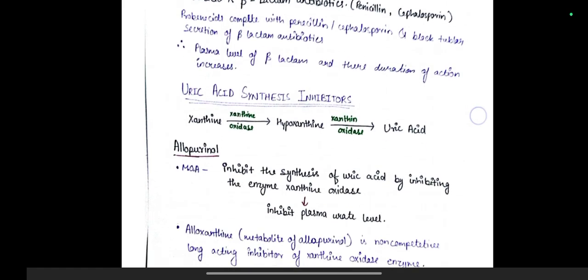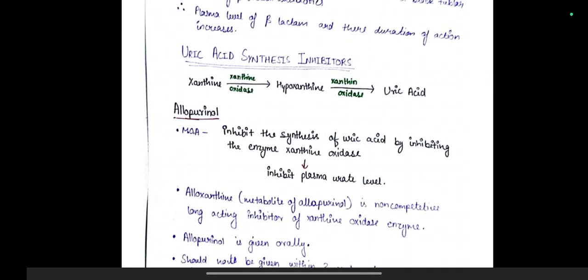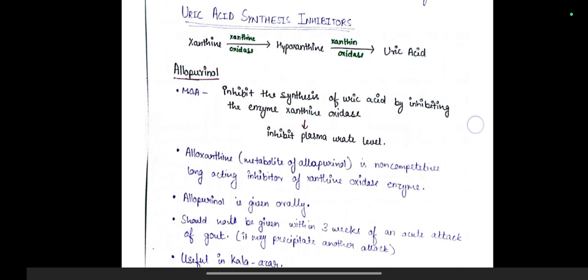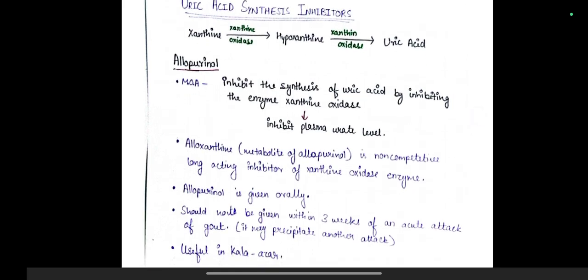Now let's talk about uric acid synthesis inhibitors. How is uric acid formed? Hypoxanthine is converted into xanthine by xanthine oxidase, which on reacting with xanthine oxidase again forms uric acid. Allopurinol is a uric acid synthesis inhibitor. Its mechanism of action is that it inhibits synthesis of uric acid by inhibiting the enzyme xanthine oxidase, and thus lowers plasma urate level.